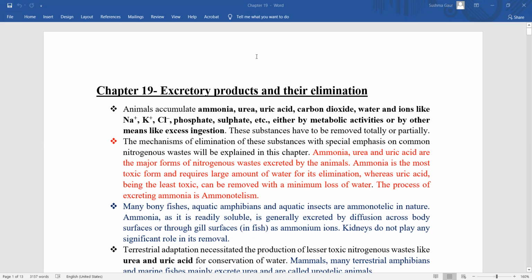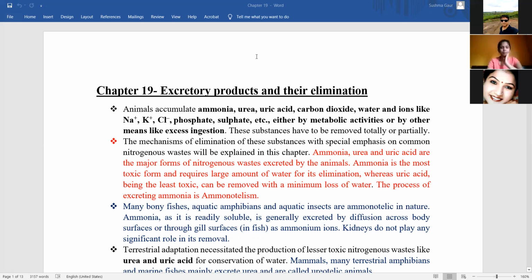Hello, Asmi. Good evening, ma'am. Hi, Risha. Good evening. Where are Anavadya and Shreya? Please turn on your video. Asmi and Risha.